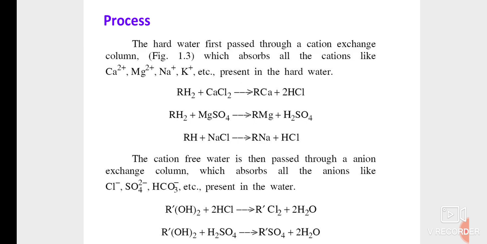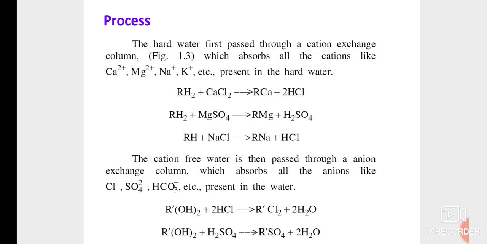Suppose that water contains impurities; here I give the example of calcium chloride. The calcium chloride reacts with RH2. The resin absorbs the calcium 2 plus to form RCa. You understand? The RH2 reacts with the calcium chloride.